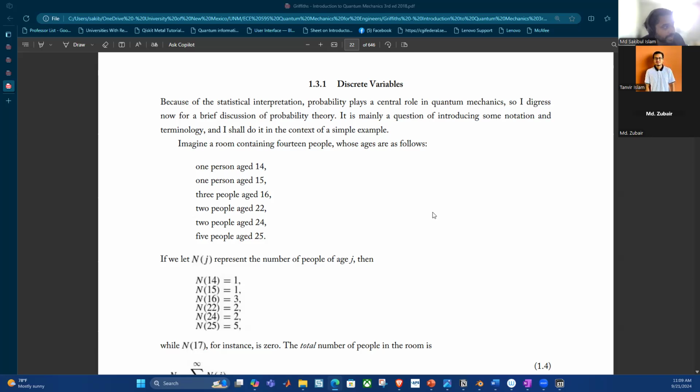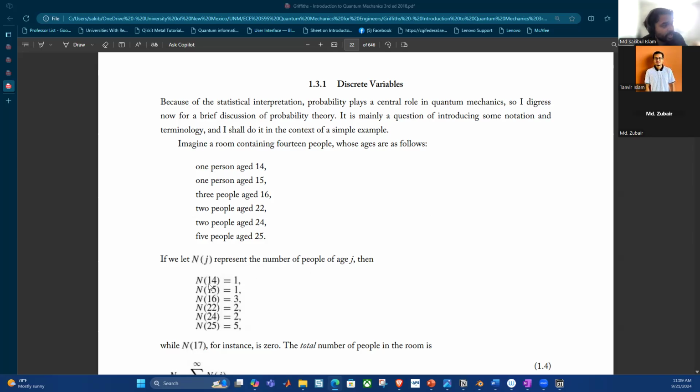They consider age as a discrete variable. They provide a set of people's ages, and they call it N_j, which represents the number of people of age j. j is the variable here.